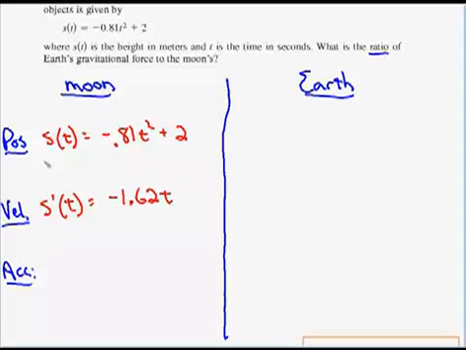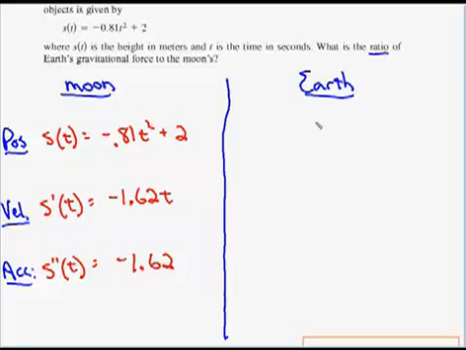Then for the acceleration function, we take the derivative of our velocity function. S double prime of t would equal 1.62, since the t is to the first power and just derives right off. That is the moon's gravitational force.